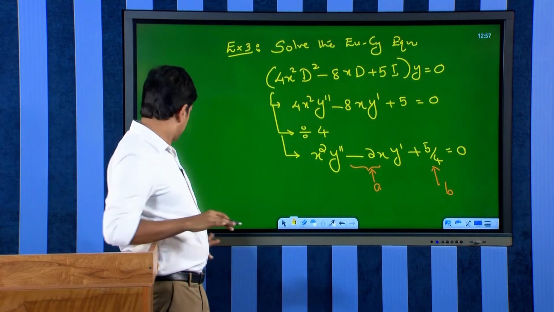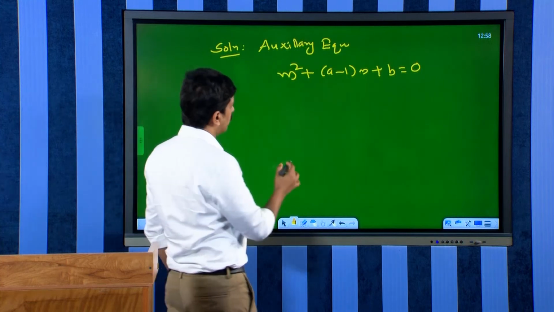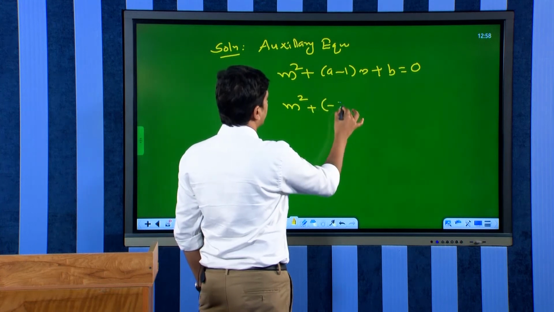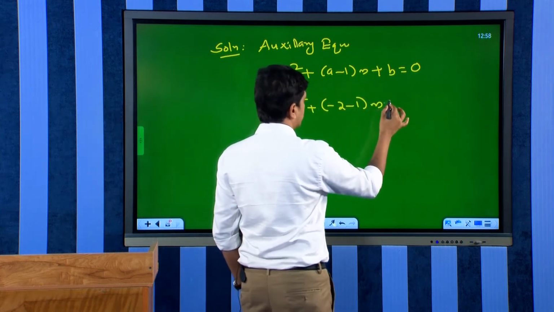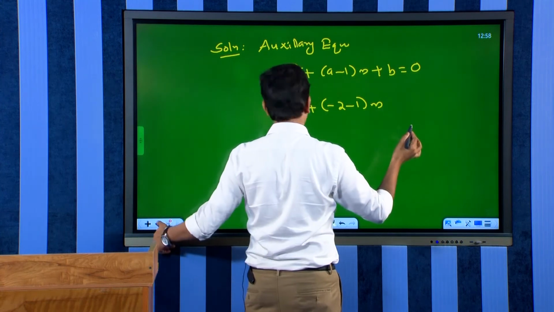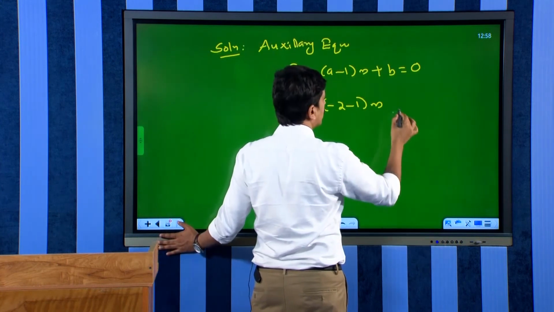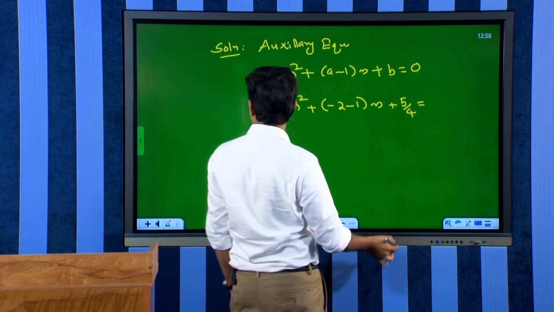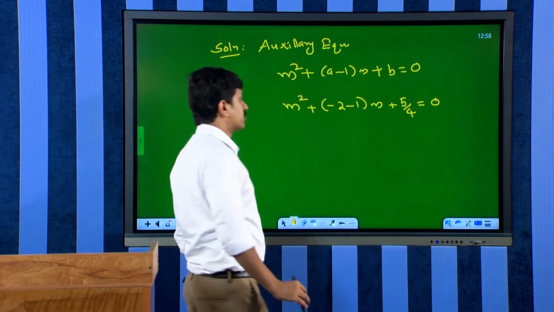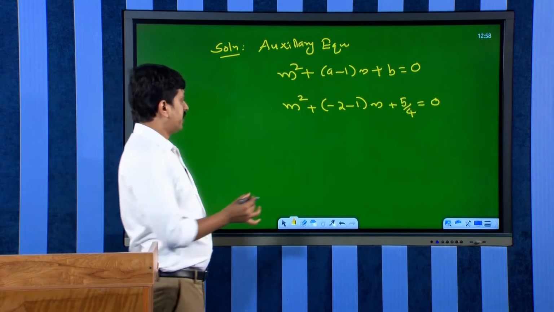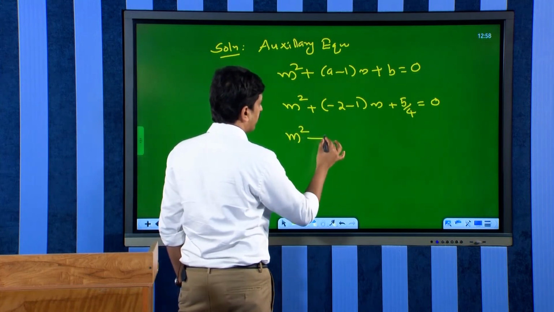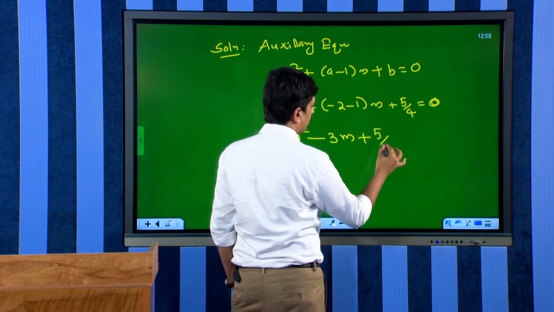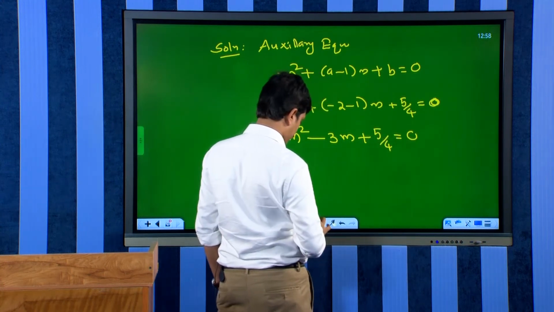See, dear students, we can write this as m square plus (minus 2 minus 1) into m plus 5 by 4 equal to 0. So, m square minus 3m plus 5 by 4 is equal to 0.